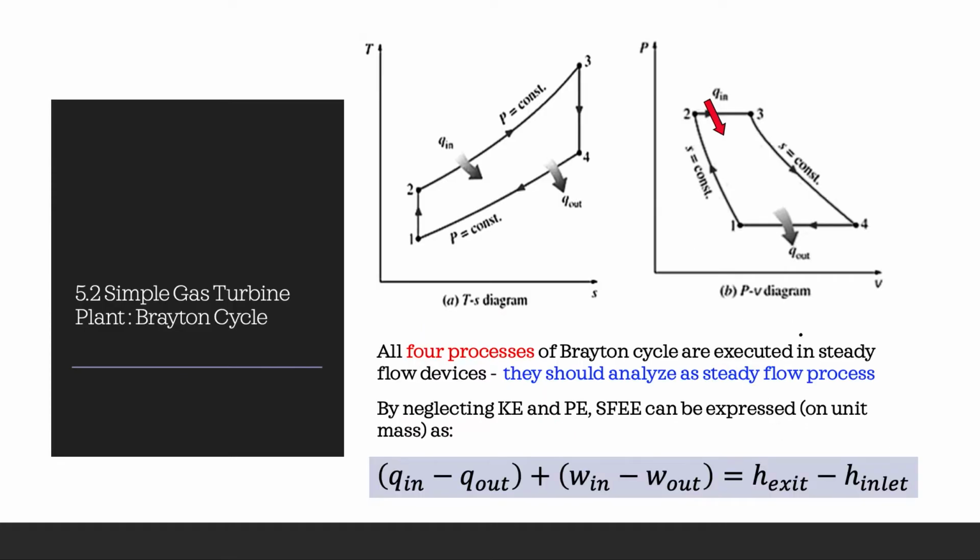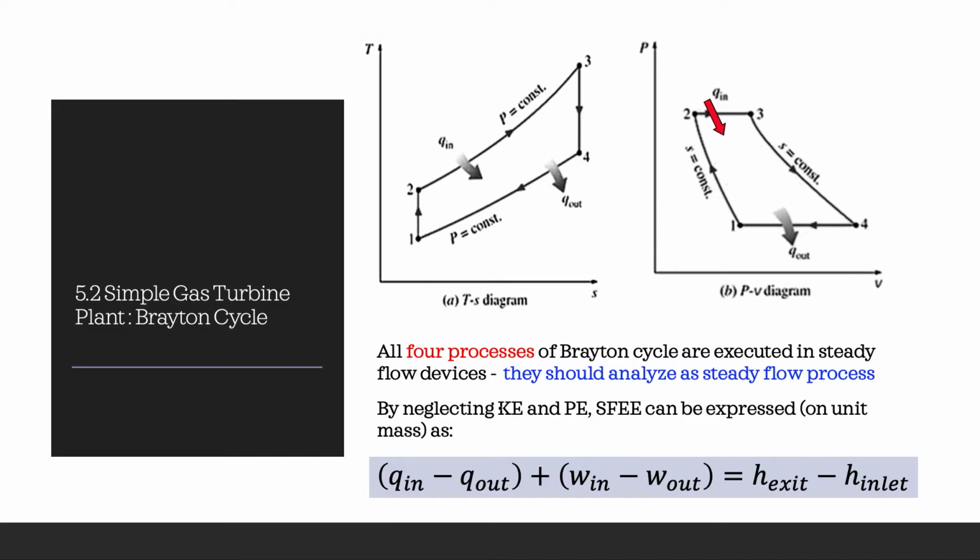Okay, and this is how we can simplify SFEE to find all the requirements that we want to use in the Brayton cycle. All 4 processes of the Brayton cycle are executed in steady flow devices, compressor and turbine. Therefore, they should be analyzed as steady flow processes.